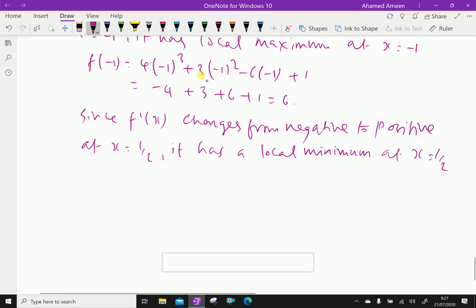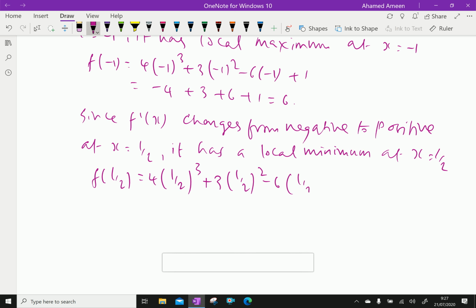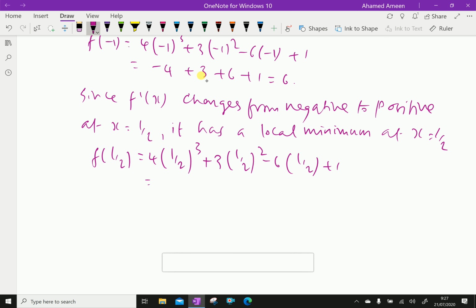Therefore, we have to use one more. F of half equals 4 into half cube plus 3 into half square minus 6 into half plus 1. So this final value after calculation gives 3 by 4.